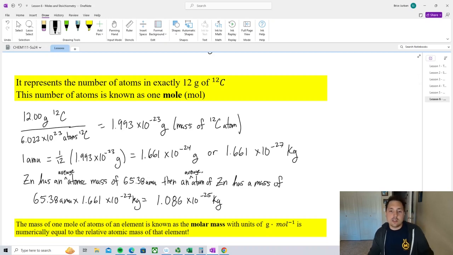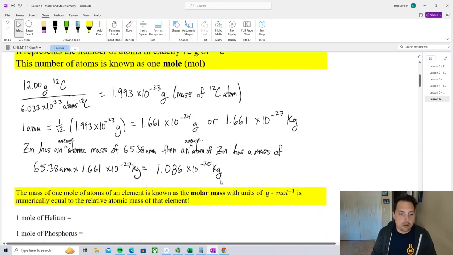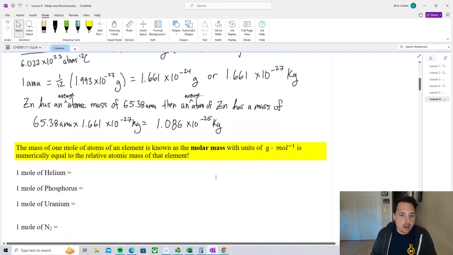So that's an interesting thing that we can do now that we know the link between the macroscopic and the microscopic world. Now there's something that will be a little bit more helpful for us to note, which is that the mass of 1 mole of atoms of an element can be referred to as the molar mass. So we don't usually want to know about the mass of a single atom, but the mass of a mole of those atoms.